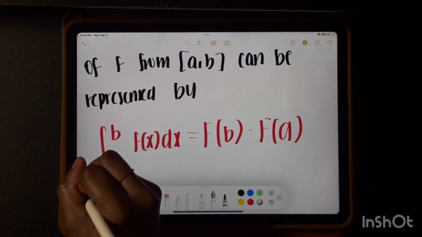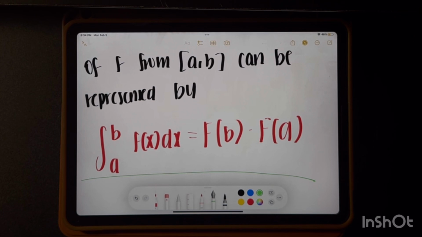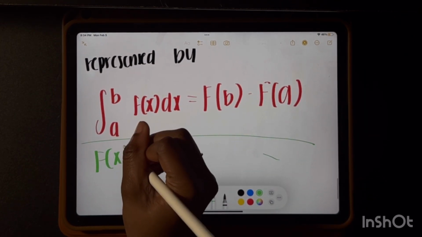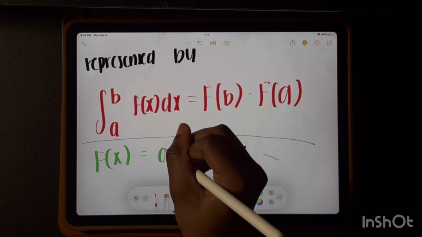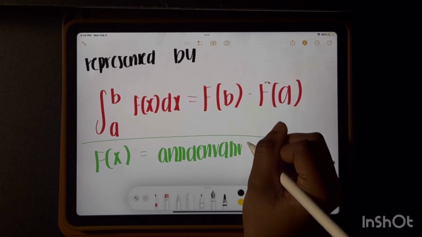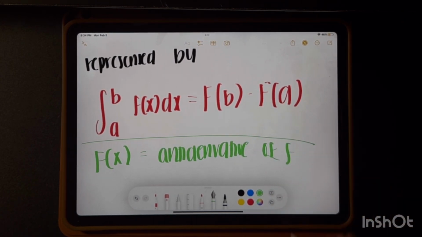This would be our formula for the fundamental theorem. And capital F of x is going to equal the antiderivative of lowercase f.